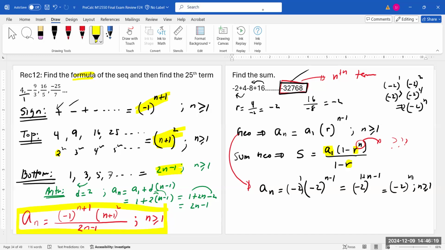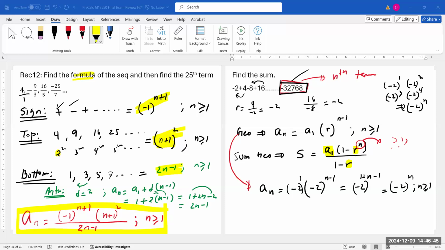Who wrote what? Can you do 33 from the review sheet if possible? I don't have the review sheet, but I can see if I can do it. 33 from the PDF review sheet. Okay, so give me 1 second.